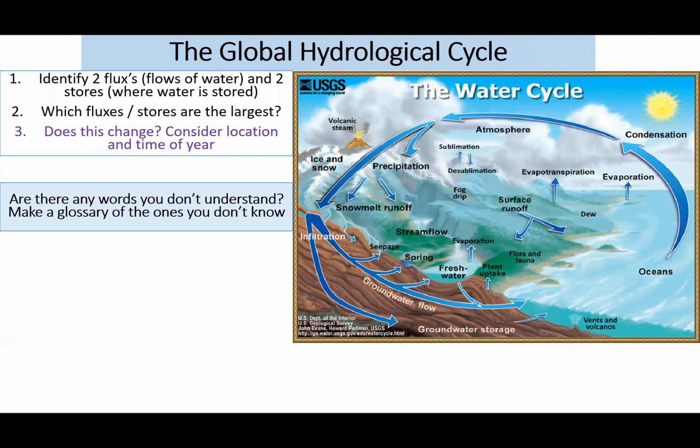If there are any words on that diagram that you don't understand, I suggest you make a glossary, so write down the keyword and write down the definition of it. So your fluxes, your flows, are things like evaporation, evapotranspiration, surface runoff, sublimation, desublimation, precipitation, snowmelt runoff, stream flow, infiltration, groundwater flow, spring, fog drip, plant uptake, some more evaporation.